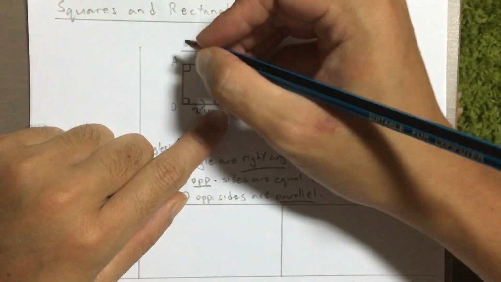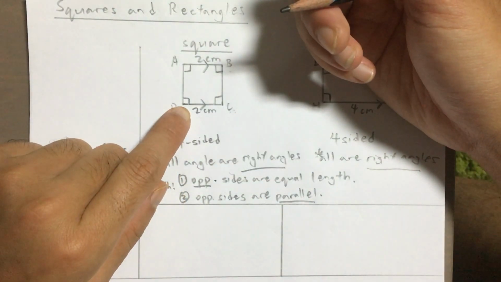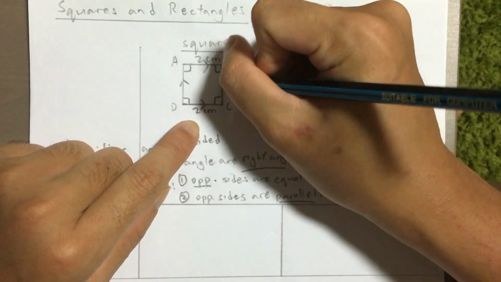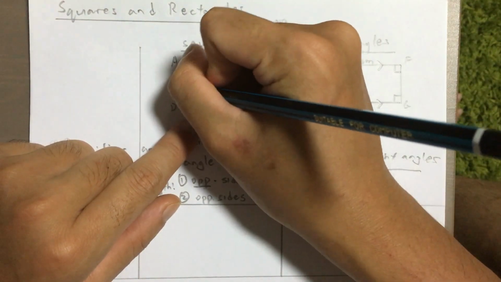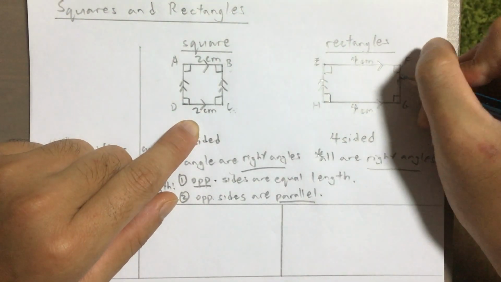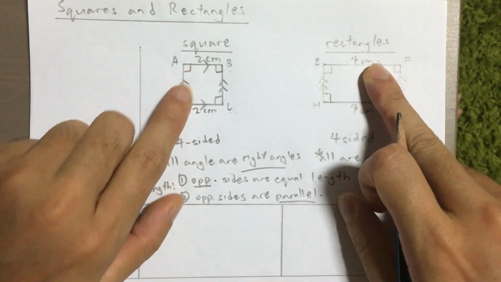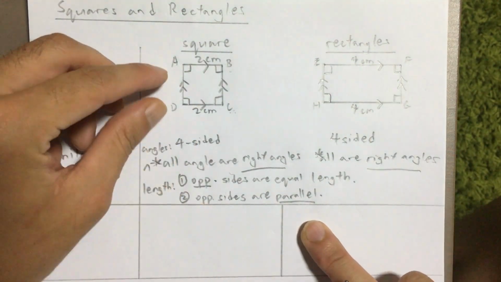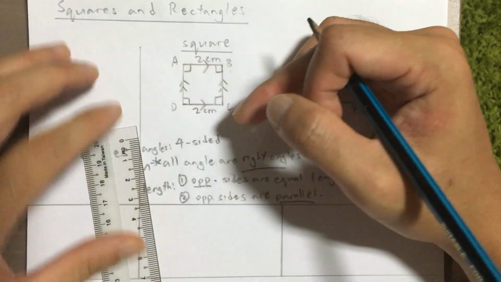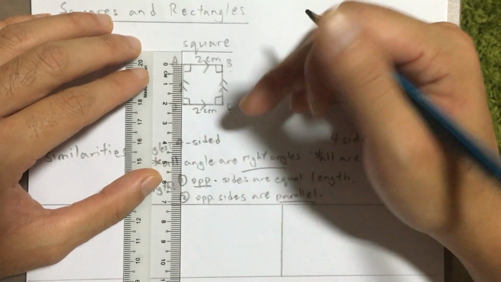I know they are at right angles. The perpendicular distance is the same. They are parallel. I use a double arrow here because just now I used a single arrow already. So for squares and rectangles, the opposite sides have equal length, here and here. Even if I try DC and AD, it is the same as well. This is 2 cm.